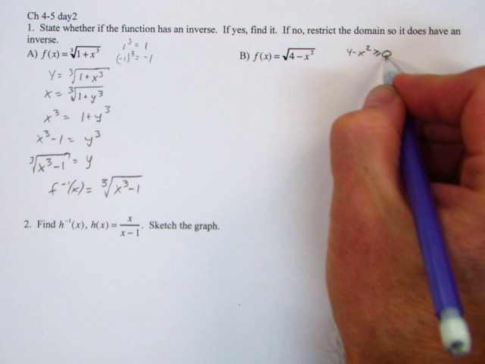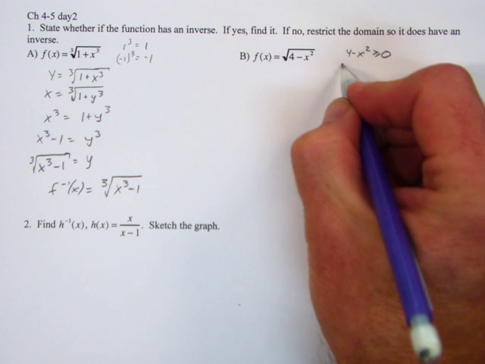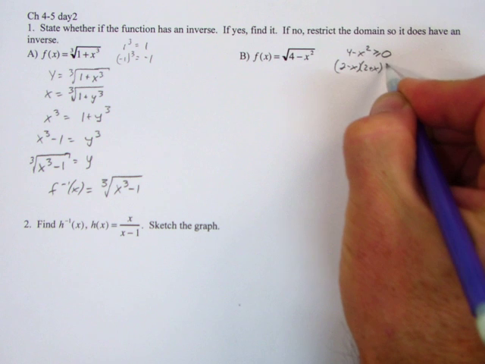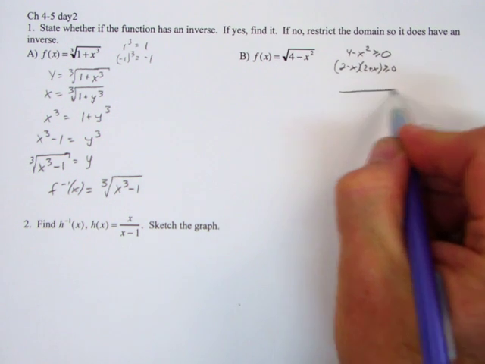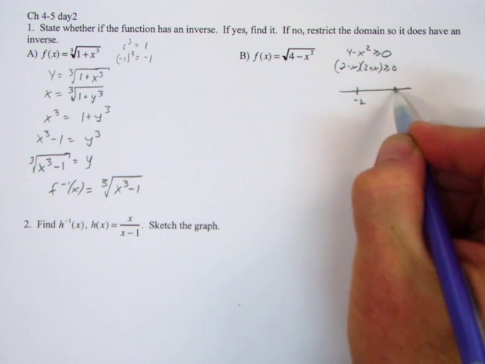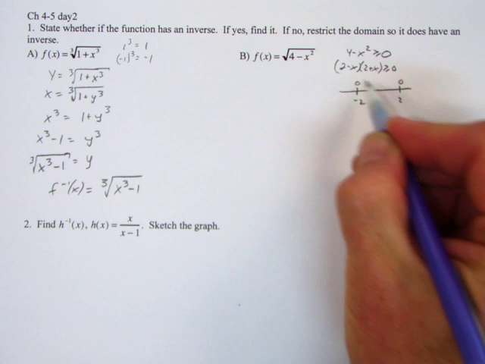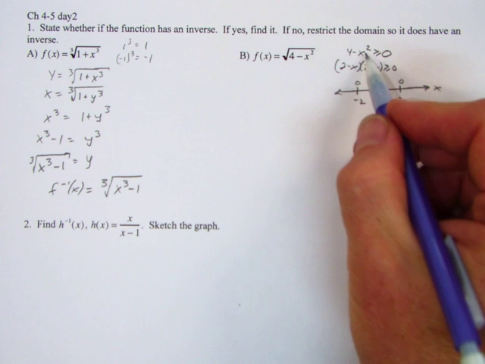Now this brings us back to chapter 3 where we are solving polynomial inequalities. We factor this. Remember that next step, we're going to do a number line. So we have our zeros at plus or minus 2. And we're going to sketch this graph.